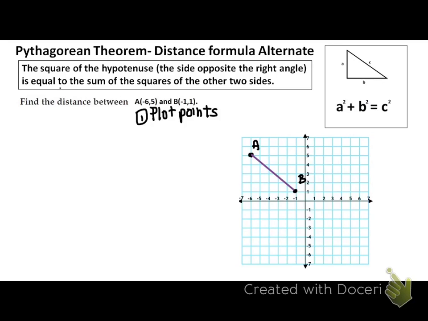The second thing, the second point for this is to make a right triangle. We're going to make a right triangle on this. And what I mean by that is I'm going to convert one of these sides.